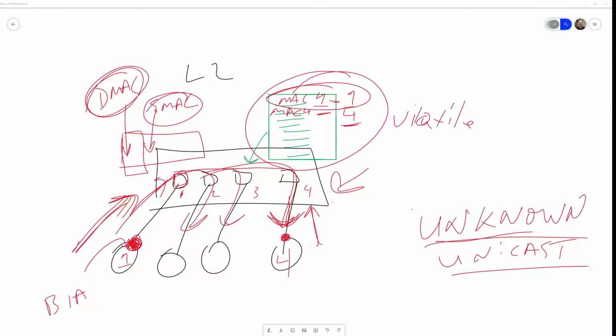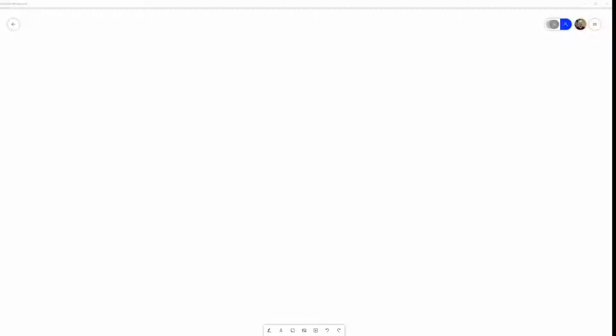The reply, by the way, is efficiently unicasted back. Why? Because in step number 1, the switch learned the whereabouts. So now we have the efficient forwarding. Okay? This is how bridge tables are built, and some of the efficiencies related to switched Ethernet.